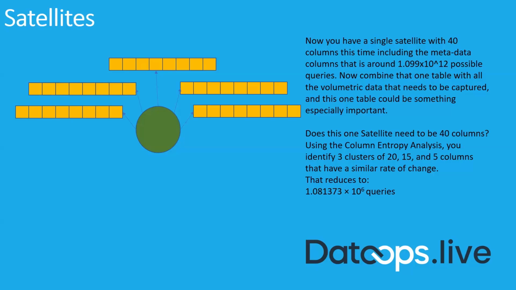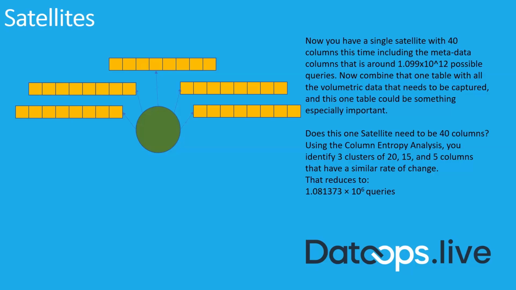Let's use our column entropy calculation against a satellite and see what we can find. So using that, let's say we identify 3 different clusters of data. You're not looking for primary keys here, but you're looking for column entropy similarity in this case.